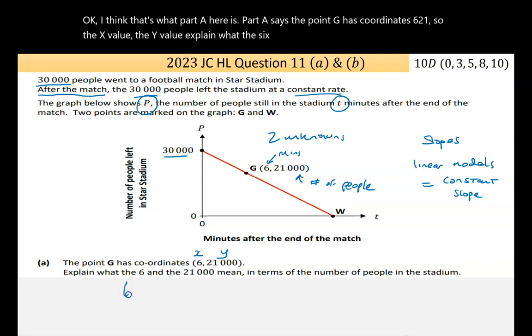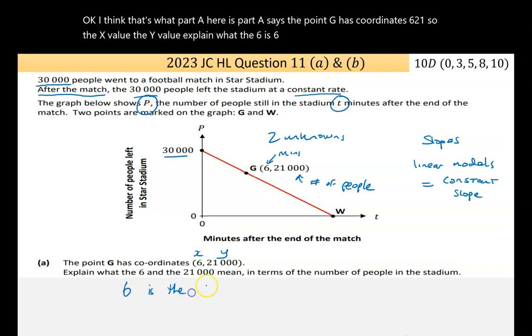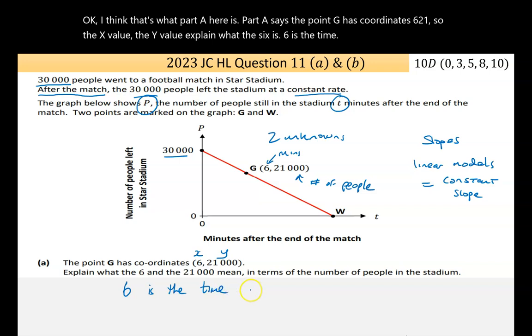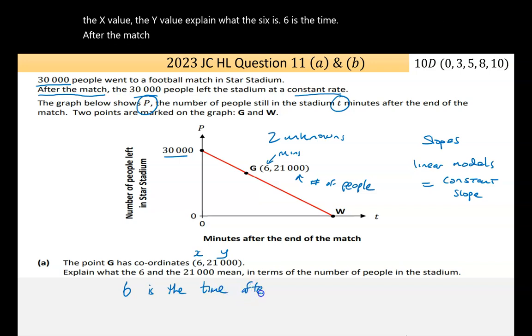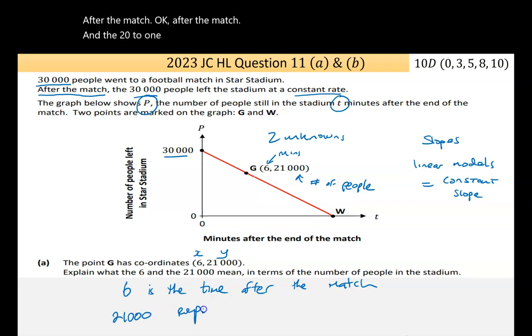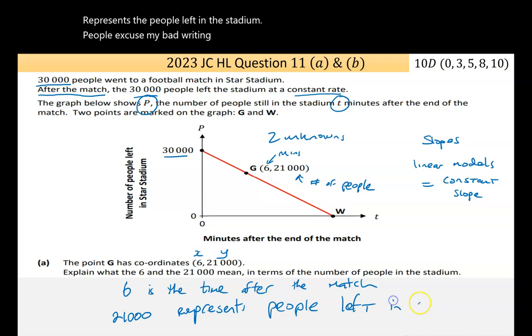Well, 6 is the time after the match. And the 21,000 represents the people left in the stadium. People left in stadium.